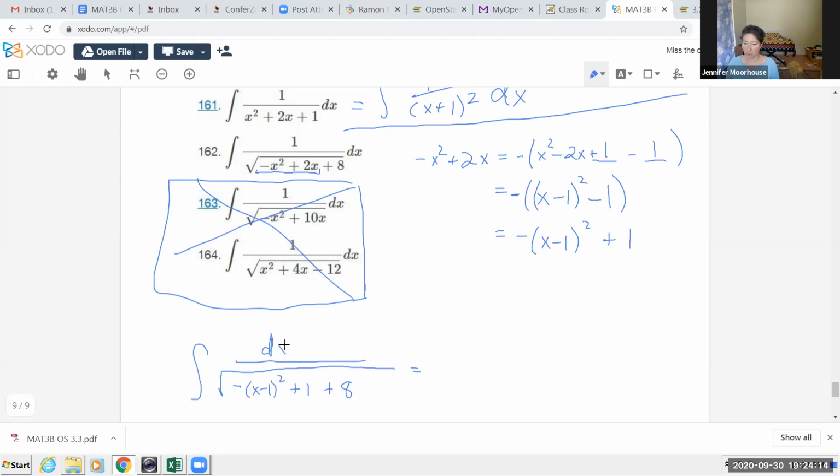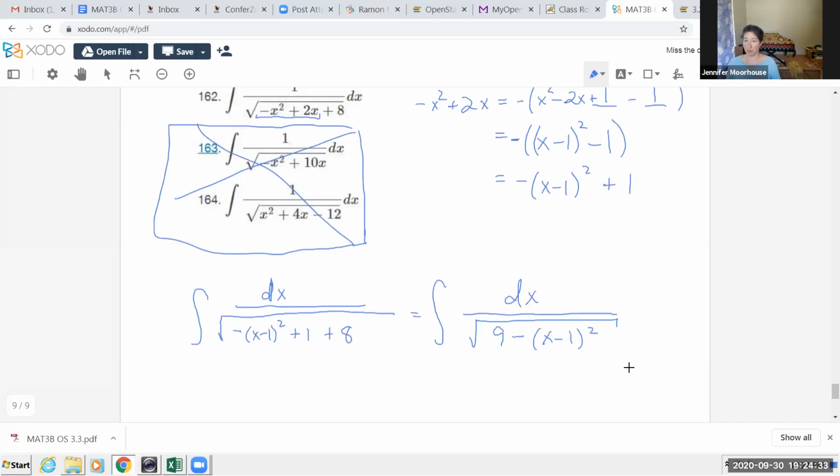Let's just put the dx up top. So that becomes the integral of 1 over the square root of 9 minus x minus 1 squared.